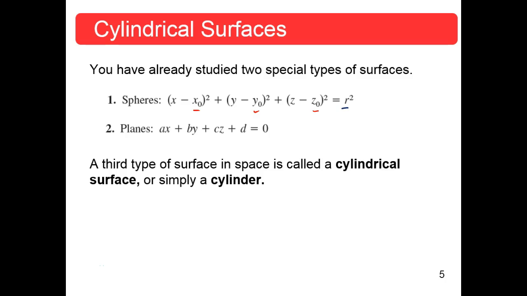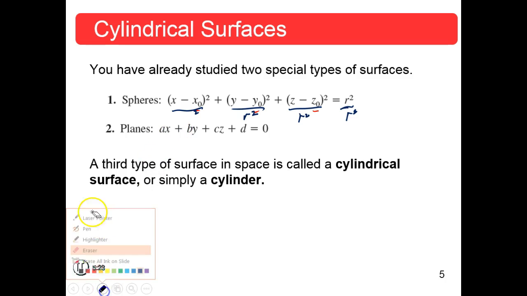Now, that's one way to express a sphere. Let me show you another way to express that same sphere. Let's divide every term on both sides of the equation by r squared. Okay, let's try that again.